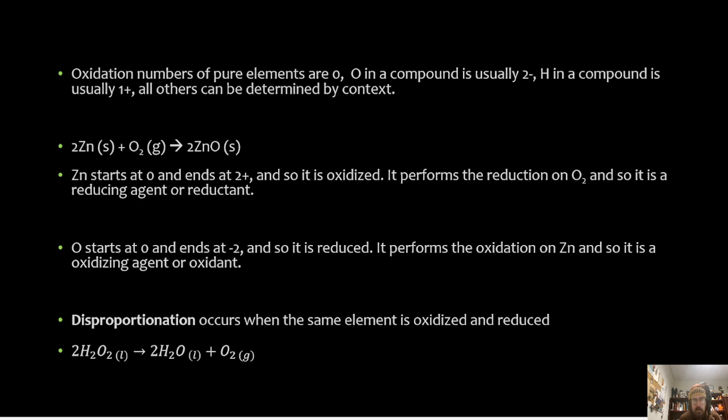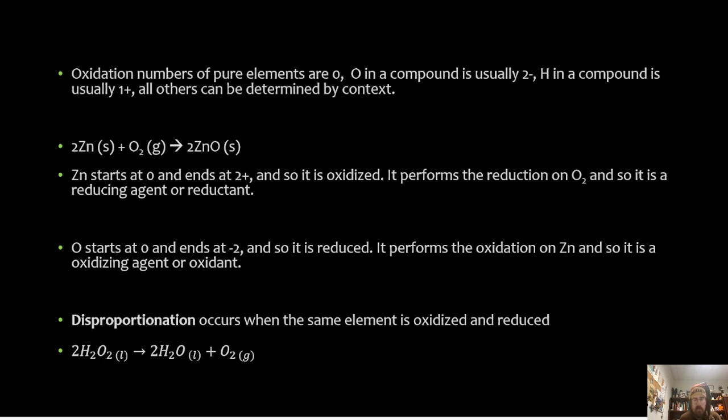The one that gets reduced oxidizes something else, and the one that gets oxidized reduces something else. But the tricky thing is sometimes you can have a reaction called a disproportionation, where the same element is oxidized and reduced, like the example I gave with copper.